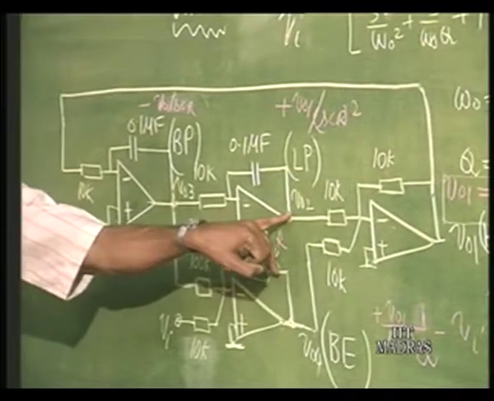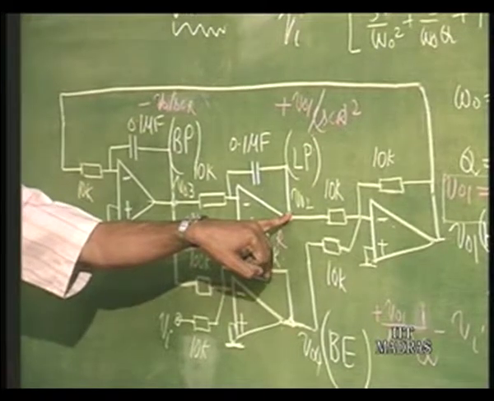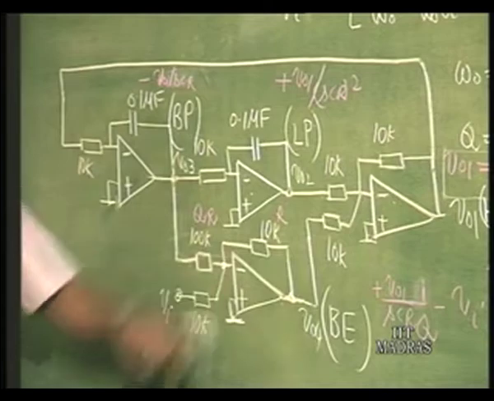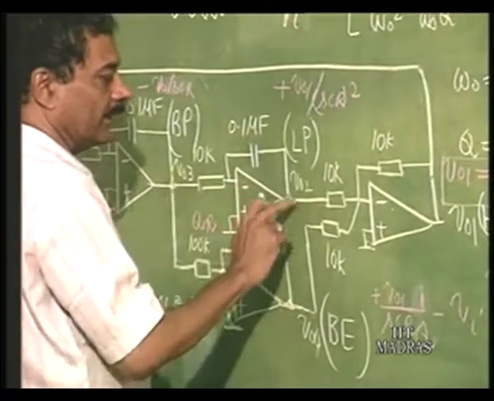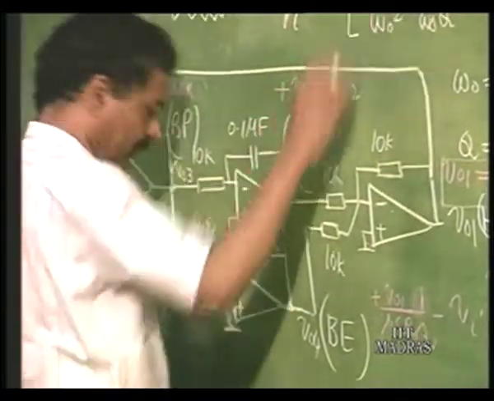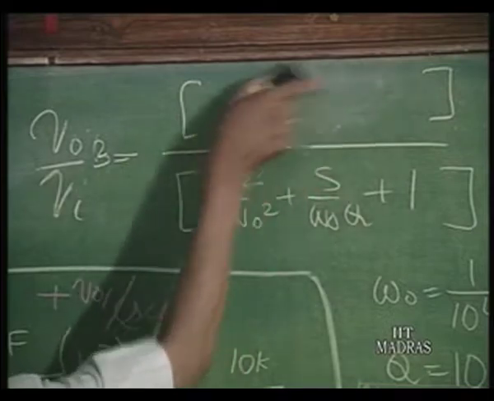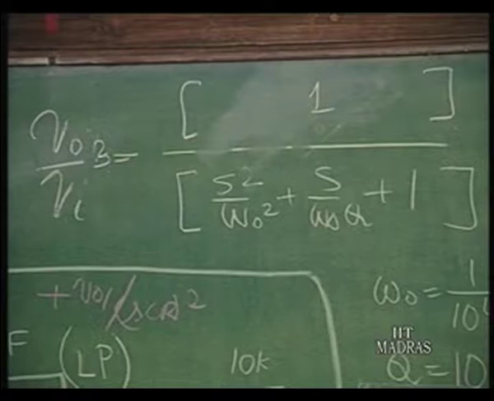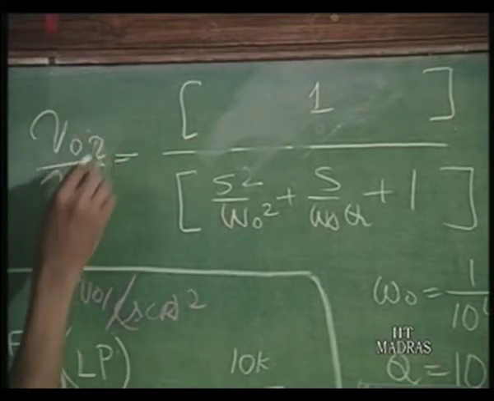Again it is going to be multiplied by omega naught by S, and therefore, at this point it will be low pass. This numerator will change to 1, and that will be V naught 2 by Vi.